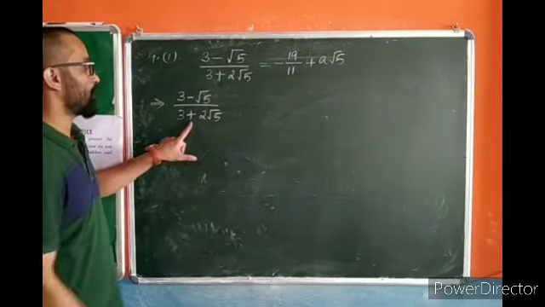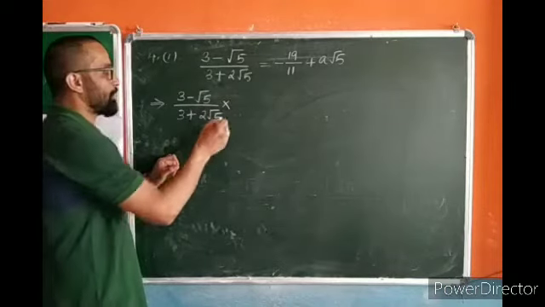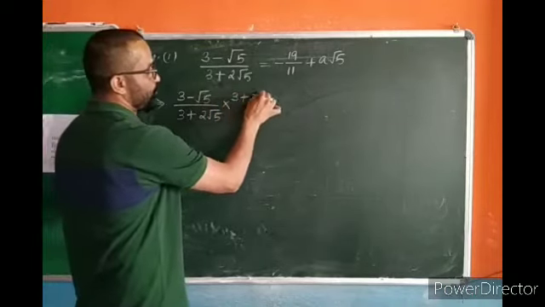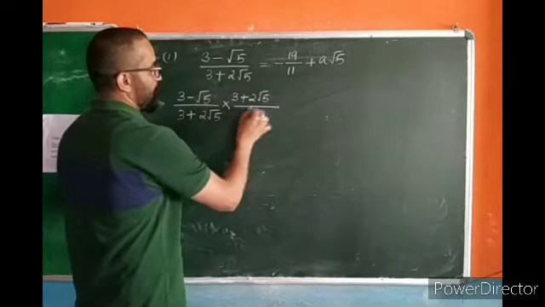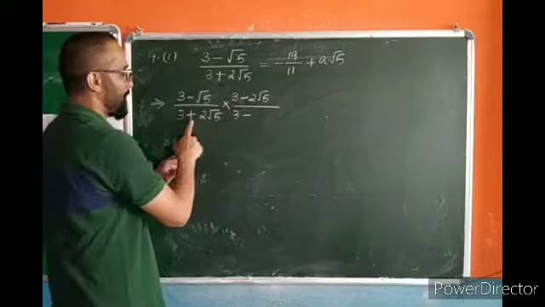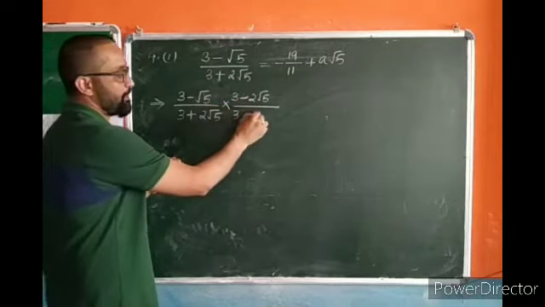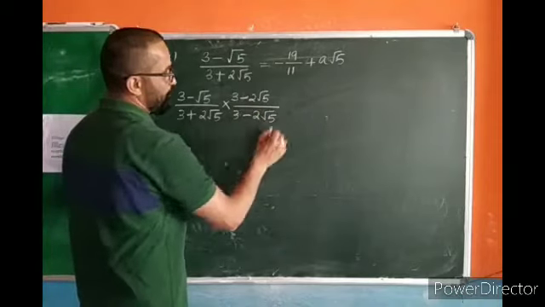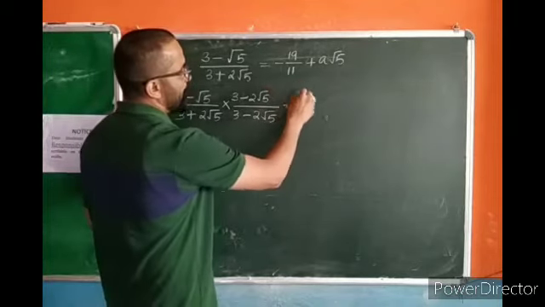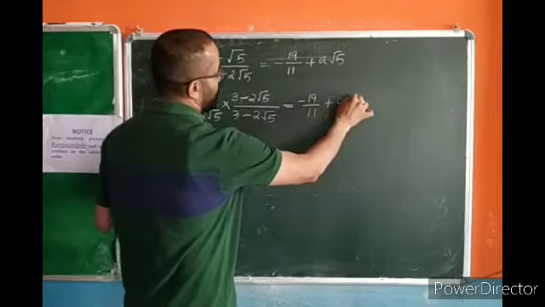It is plus, so we multiply both by the rationalizing factor, which is 3 minus 2 root 5. You can copy the right hand side, minus 19 by 11 plus A root 5.